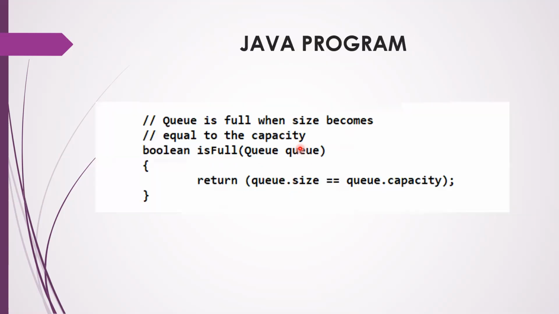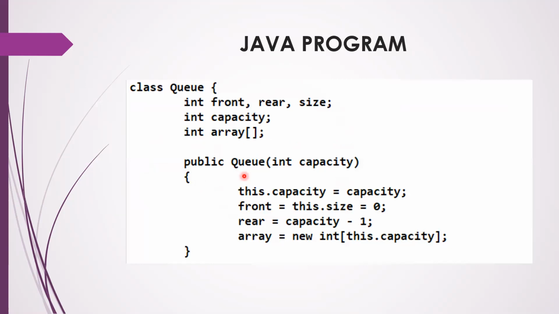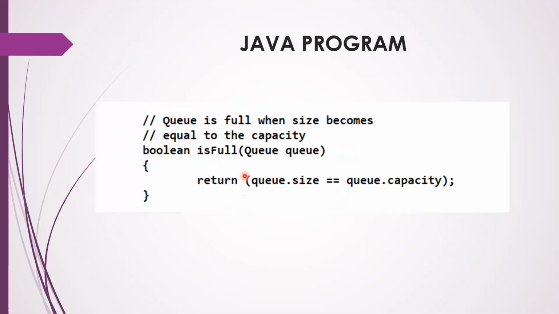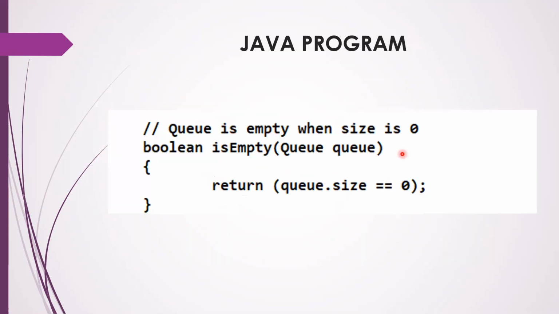Q is the class name. So for that class, you are giving some parameter Q. Now with this Q object, Q dot size is equal to 0. If Q dot size is equal to 0, then we can come to the conclusion that Q is empty.